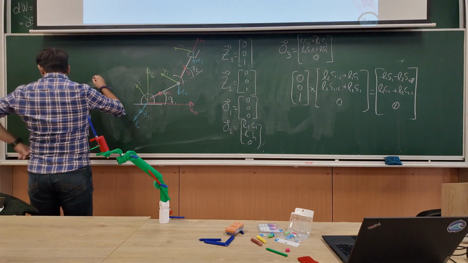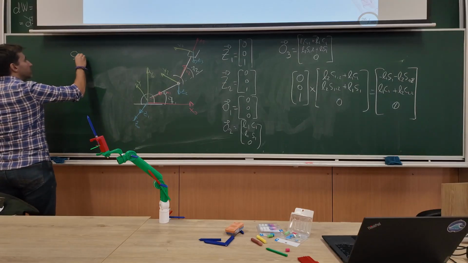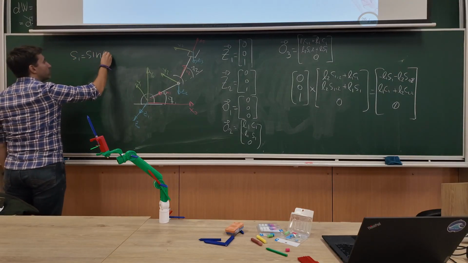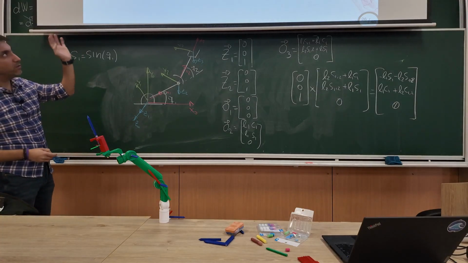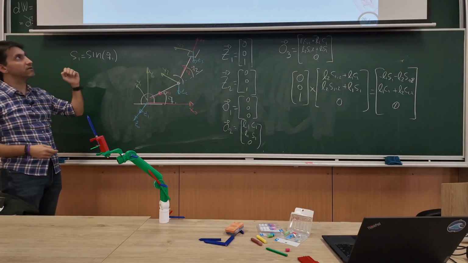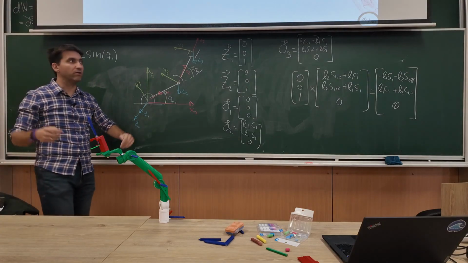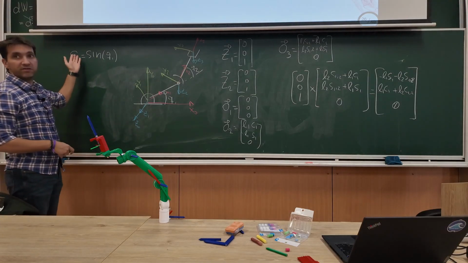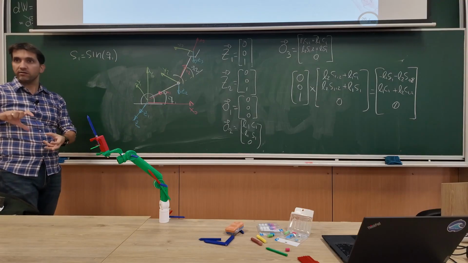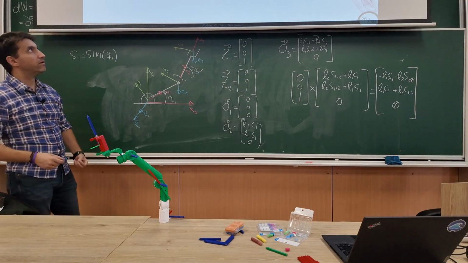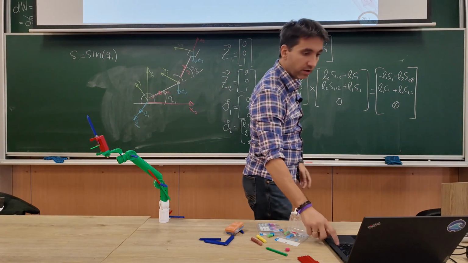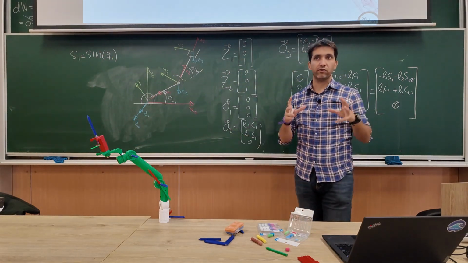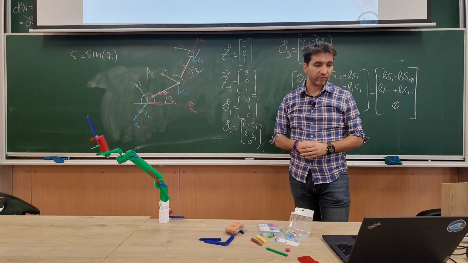So what is this S1? That's sine of Q1. What is C1? Cosine of Q1. C12 is cosine of Q1 plus Q2. Right? So these numbers change when joints move. So that's why I wrote there that the Jacobian is a function of joint coordinates. It doesn't have fixed values.